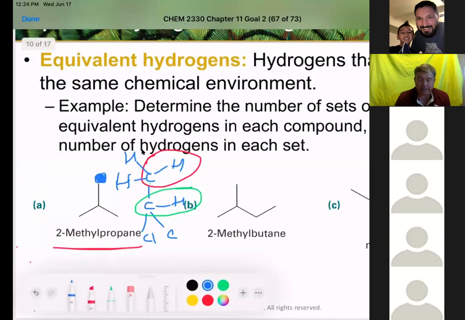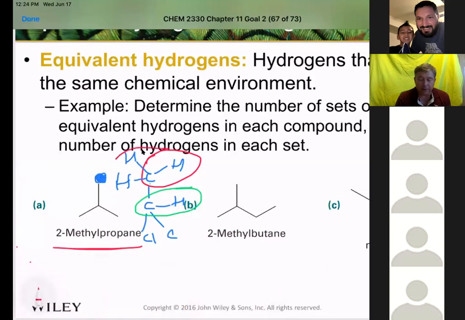So do we see that these hydrogens are different than these hydrogens? One has 3 hydrogens on a carbon, one has 1 hydrogen on a carbon, therefore they are different, right? So we know that these are not equivalent to these. But let's look at the next one.